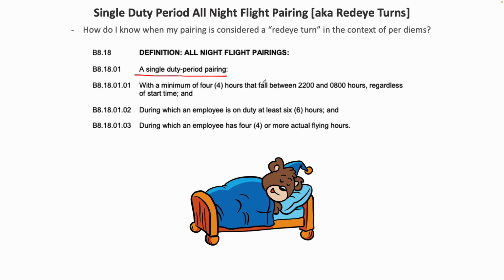That is, there is no layover involved. There is a minimum of 4 hours in the pairing that fall between 10 p.m. and 8 a.m. You have to be on duty for at least 6 hours, and then you have to have 4 or more actual flying hours. All these combined define a single duty period all-night flight pairing. In other words, a red-eye turn.